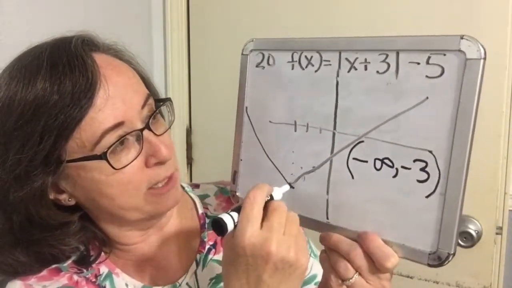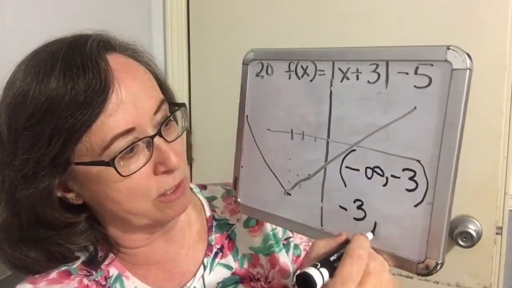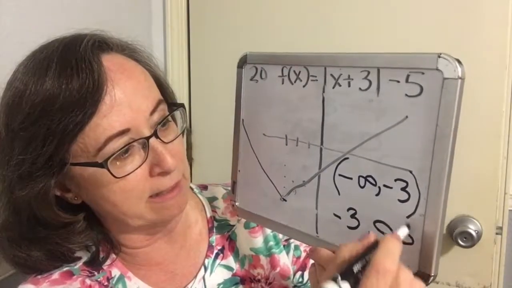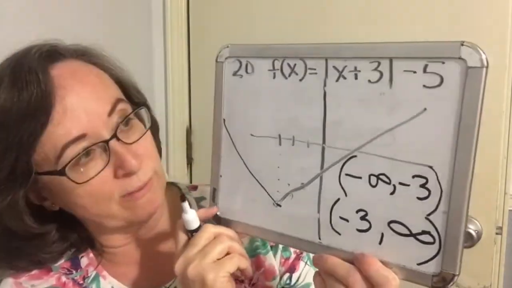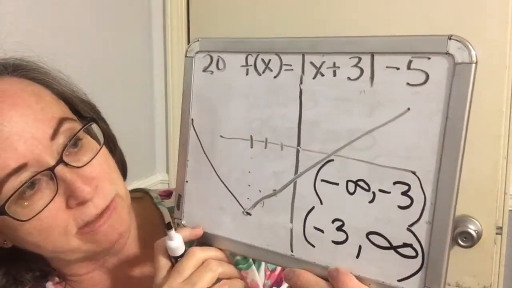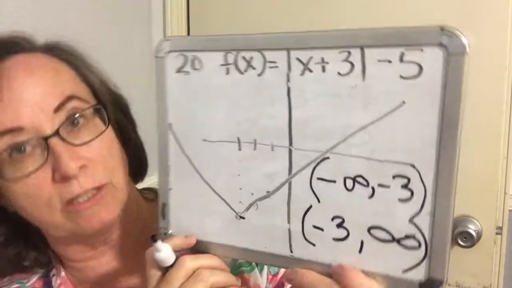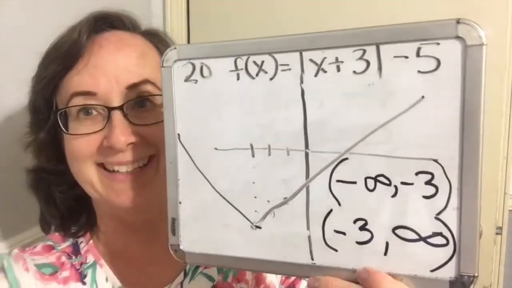So we're going to be increasing from -3 to +infinity. And it is not constant anywhere. So that is our function. -infinity to -3, -3 to +infinity. And that is number 20.